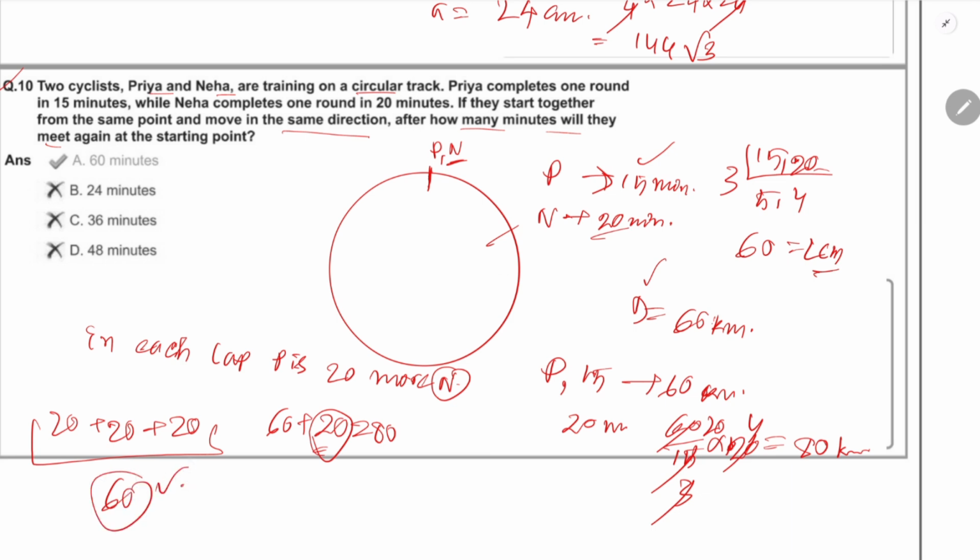So after the third lap they will meet again at the starting point. With respect to Neha, the first 20 minutes, then another 20 minutes, and another 20 minutes, so the total is 60 minutes. So after 60 minutes they will meet each other again. So option A is correct.